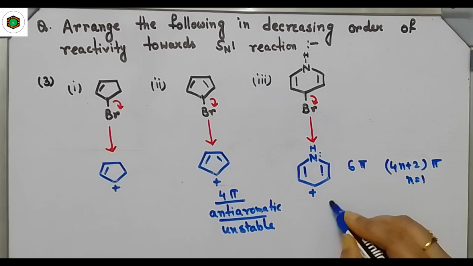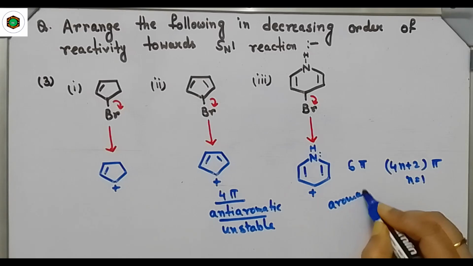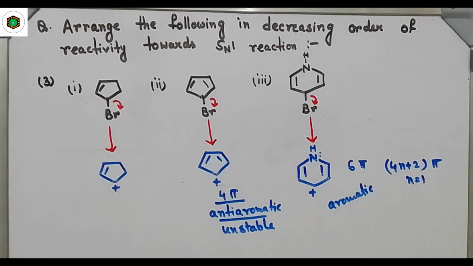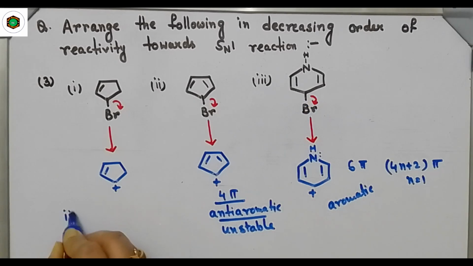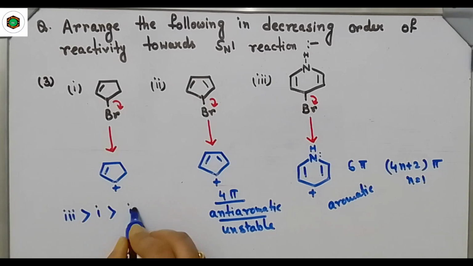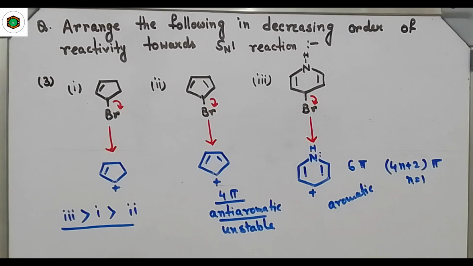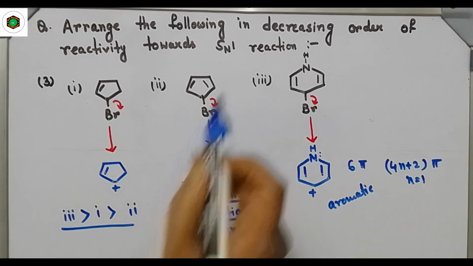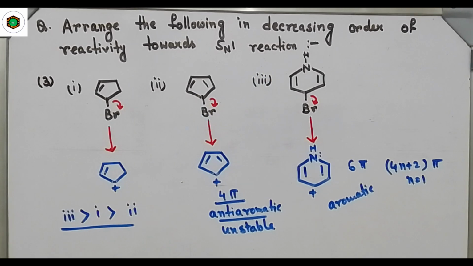So this is aromatic. It is a highly stable carbocation. So the stability order of carbocation is first 3, then 1, then 2. So this will also be the order of reactivity towards SN1 reaction.